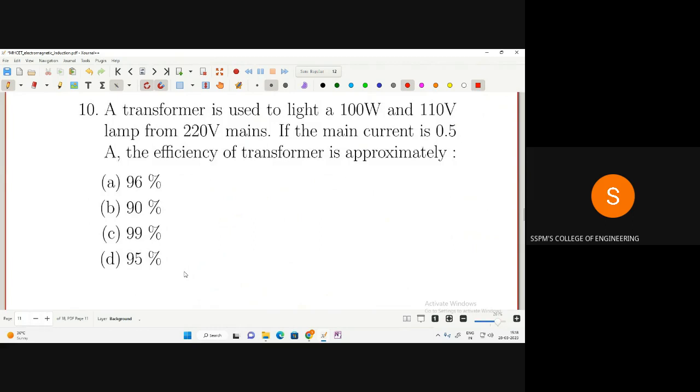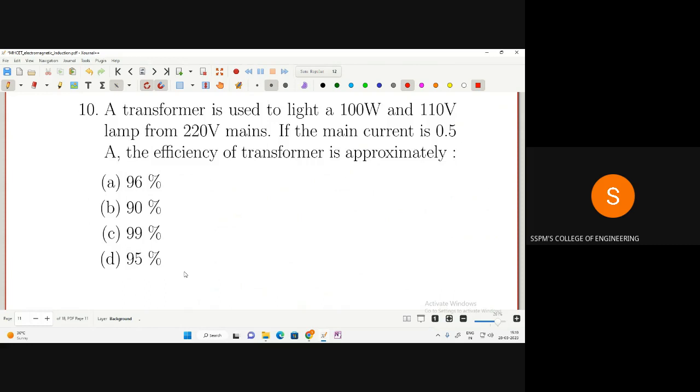Now look at this one too, it is given on the transformer. A transformer is used to light a 100 watt and 110 volt lamp. The lamp is connected at the secondary winding of the transformer. The lamp specification is given: its operating power is 100 watt and voltage required is 110 volt.